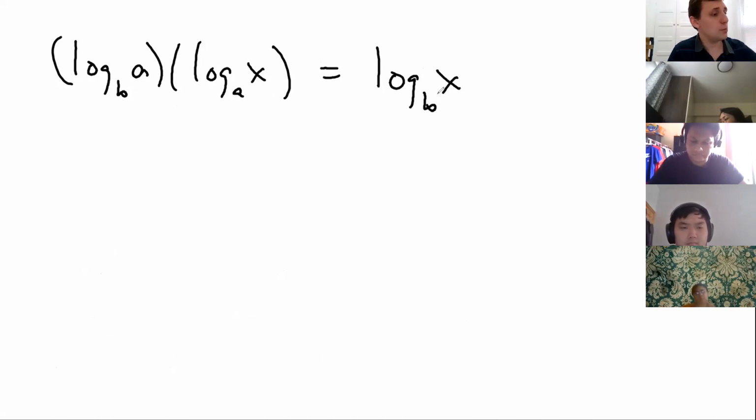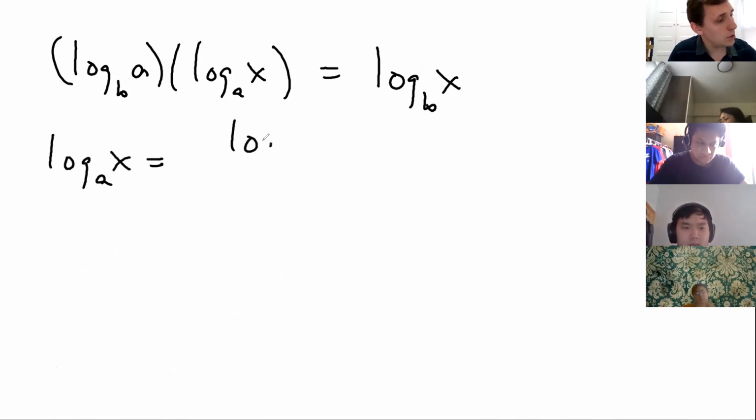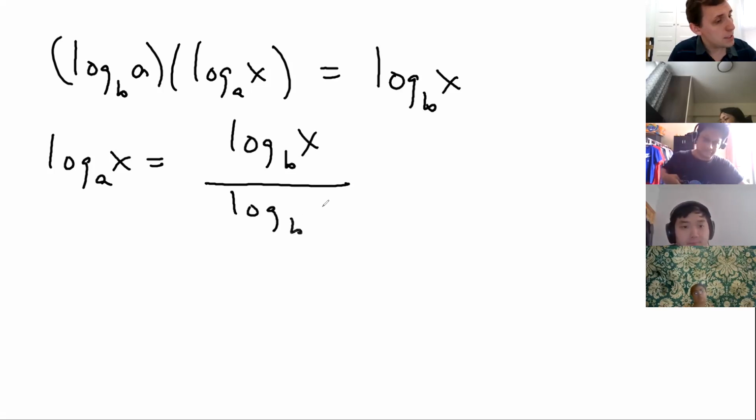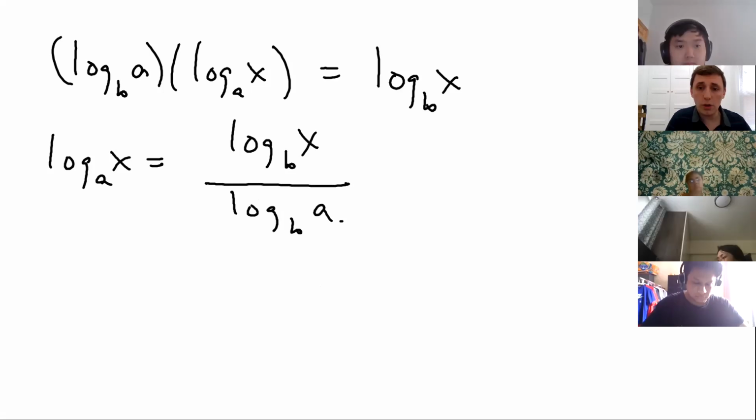So what is log base a of x? That means that log base a of x is simply log base b of x divided by log base b of a. I can easily convert one logarithm to another. Every logarithm can be solved in terms of another. Do you follow how I solved it? Very simple. I just convert the expressions and make them equal.